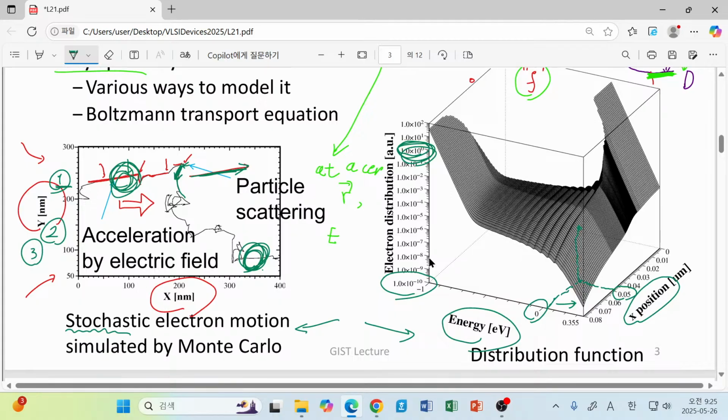But please note that in order to calculate this quantity, we must solve the Boltzmann transport equation, and unfortunately it is notorious for being difficult to solve, if not impossible. So nowadays it is really possible, but we must spend a lot of computational burden.